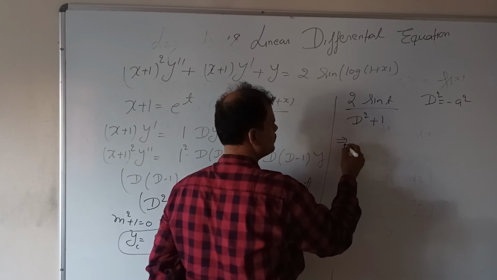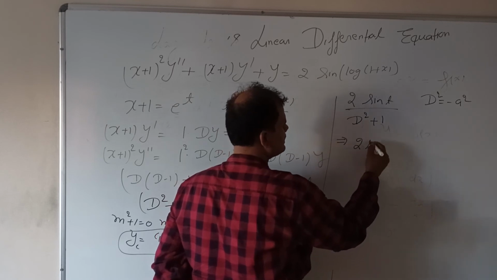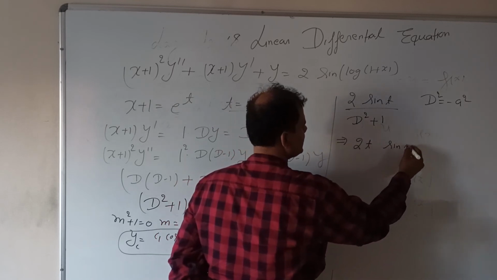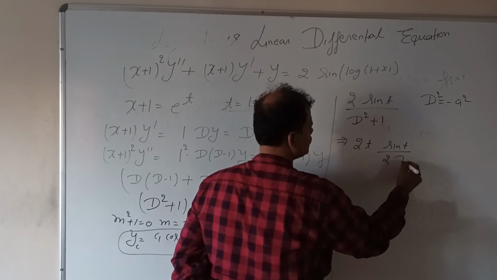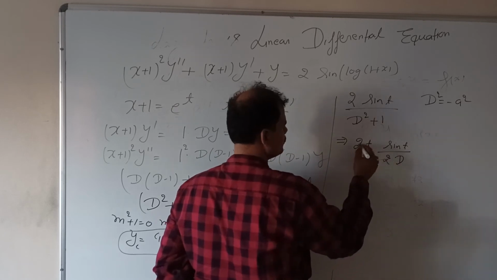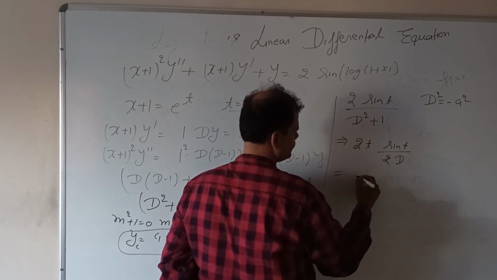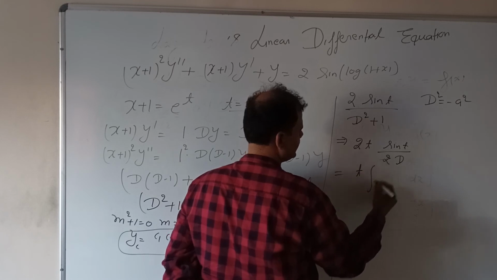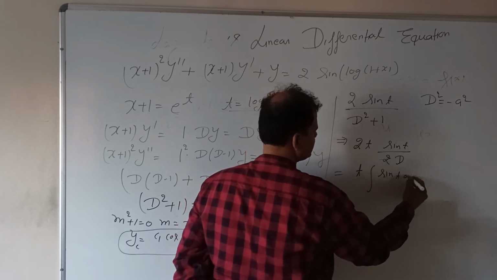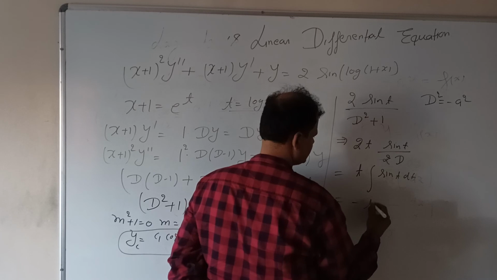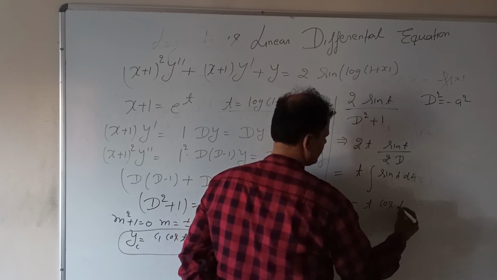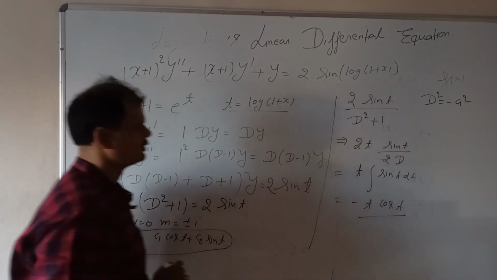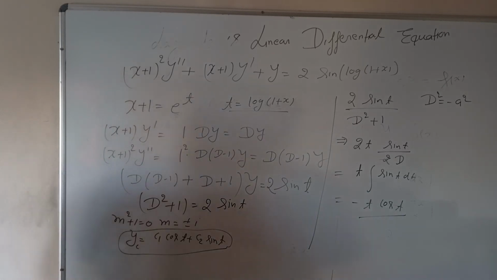So for that what we do, we multiply with t: 2t sin t divided by 2D. Fine. So 2 cancels, so t and integral of sin t dt, so minus t cos t. So this is the particular integral.